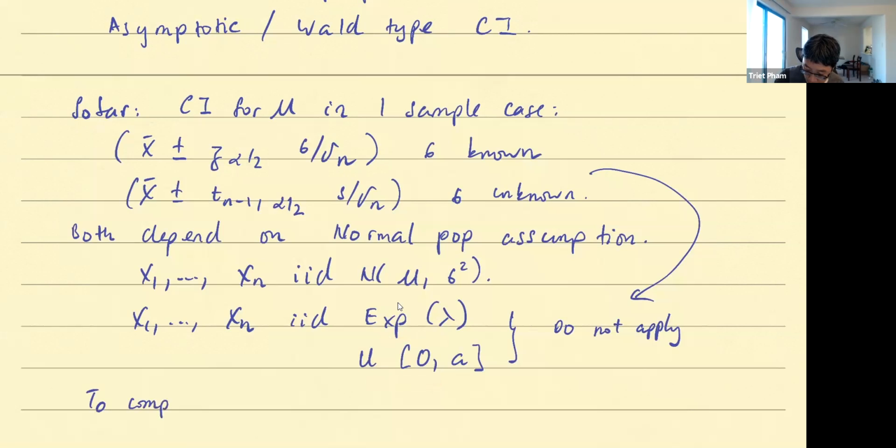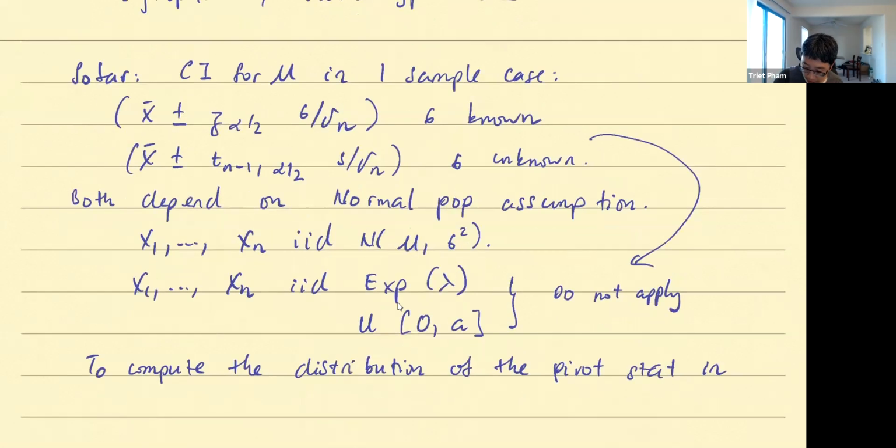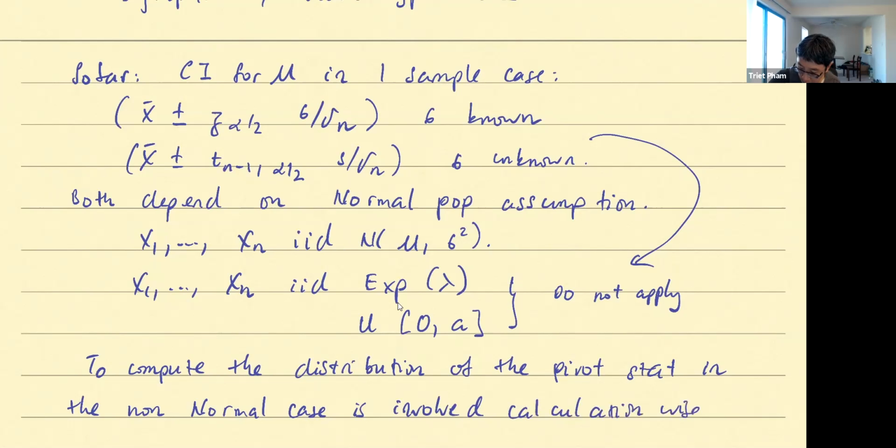To compute the distribution of the pivot stat in the non-normal case is involved, calculation wise.